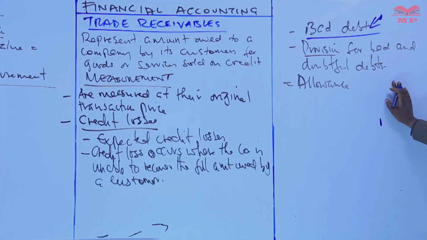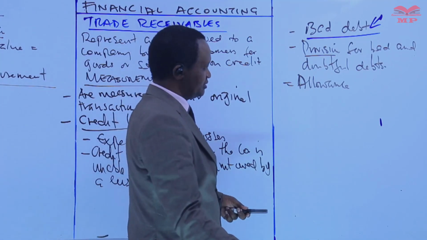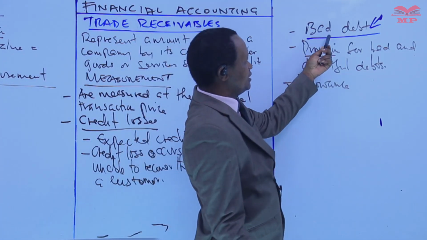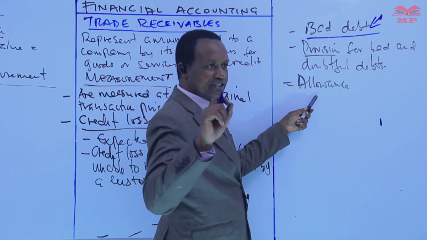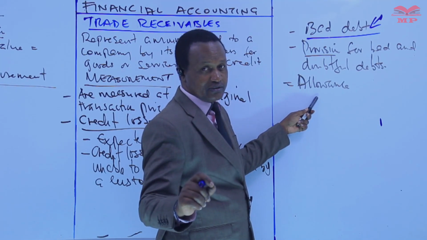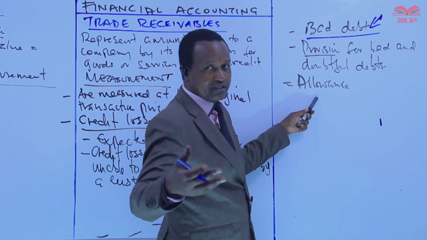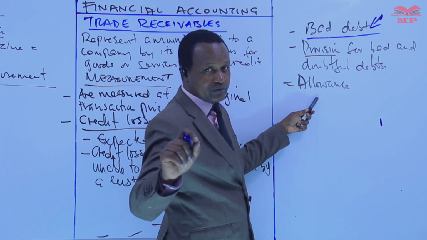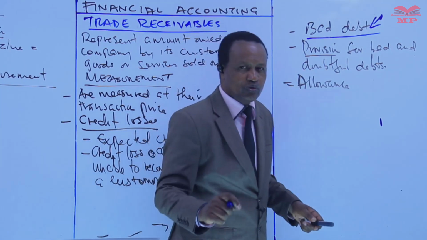And this account estimates the amount of accounts receivable that the company expects to be uncollectible. This one has already happened. But the allowance one, the company is expecting that this amount of debt may not be collected. So the company essentially estimates the amount of accounts receivable that it expects to be uncollectible.